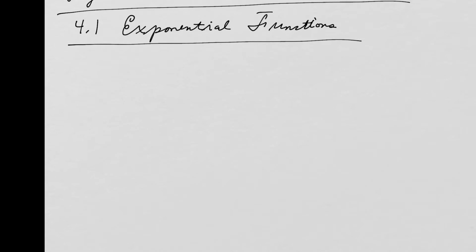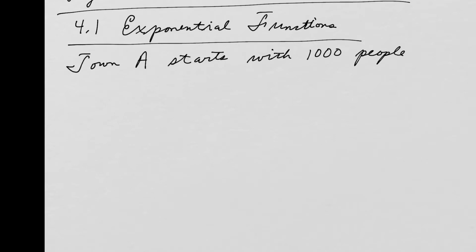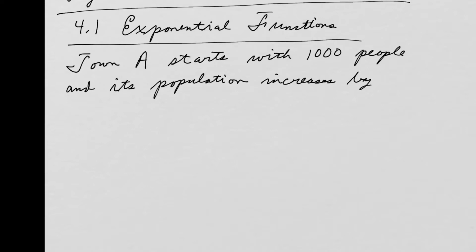And let's say town A starts with 1,000 people, and its population increases by 100 per year. Okay, so they initially start with 1,000 people, and their population increases by 100 people per year.